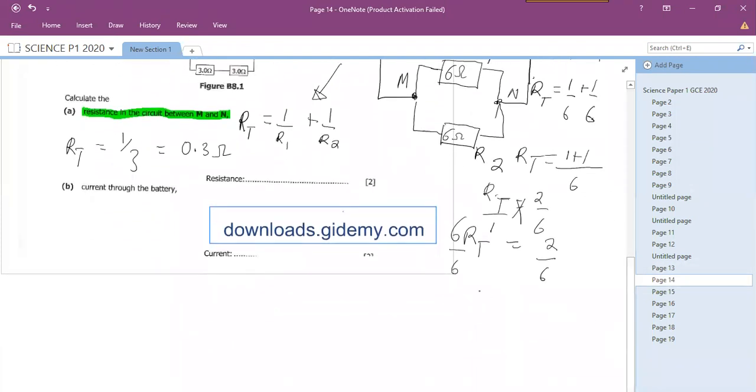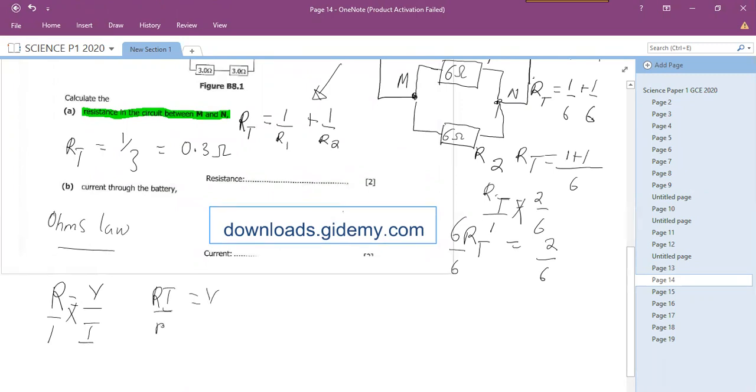Then the question now says calculate current. So here we use Ohm's law. There is an Ohm's law formula which says resistance is voltage over current, and we want to find the current. So again, we make current the subject of the formula. R times I is equivalent to voltage.